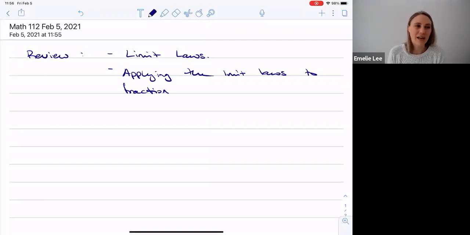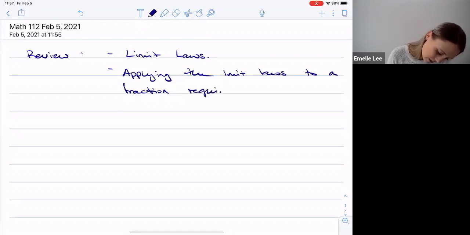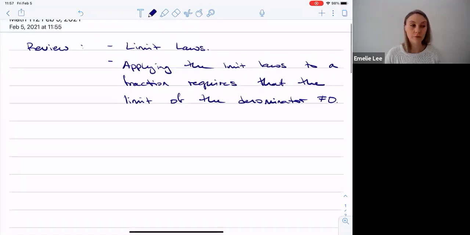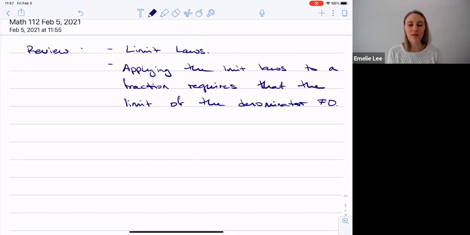When you apply the limit laws to a fraction, it requires that the limit of the denominator does not equal 0.